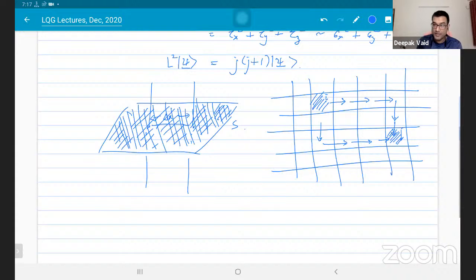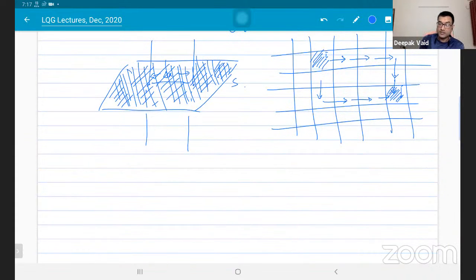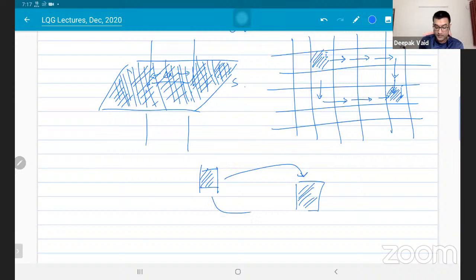But in the absence of any such tessellation, if you just think of two patches, two quanta of area on a surface, then I really don't have any way to define a unique path which connects these two. I can only define adjacency, but not a metric.